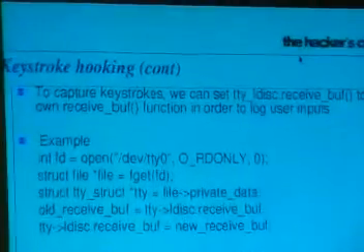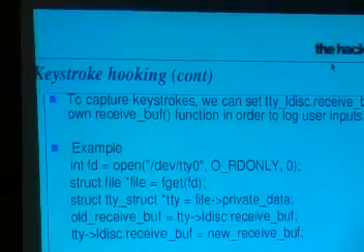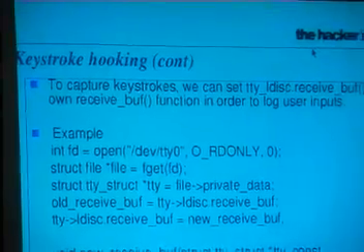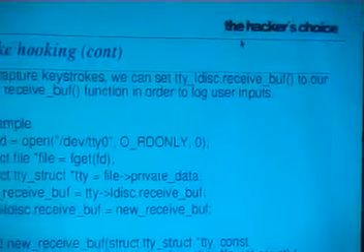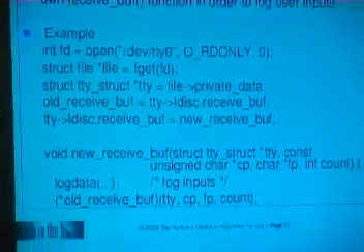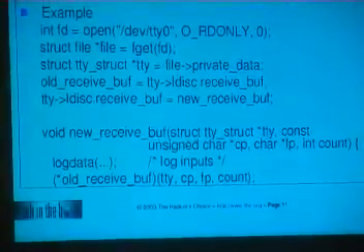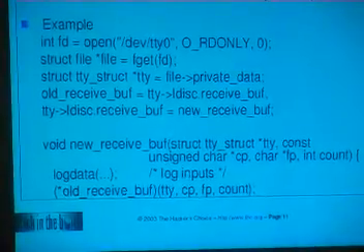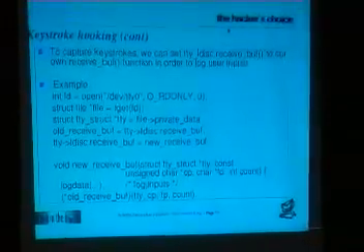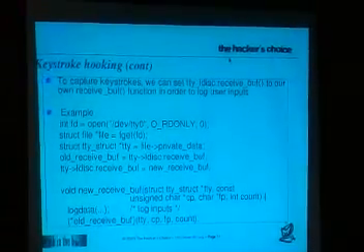This is an example of how you can log keystrokes from the TTY host device, and this code runs on the kernel side. You just open the device and get the TTY structure, save the old receive buf, and assign the receive buf of the TTY driver to our own receive buf. Then we log the data to our receive buf function.